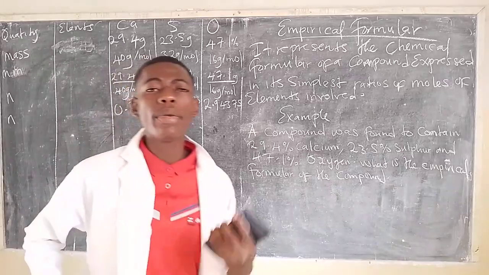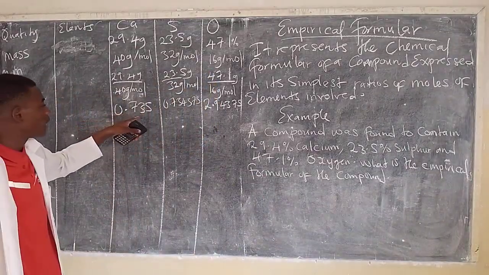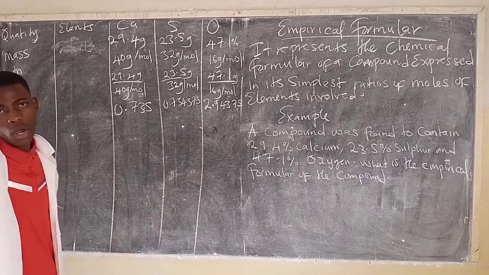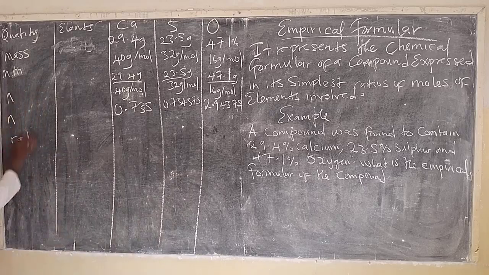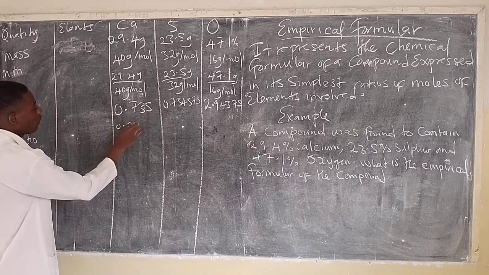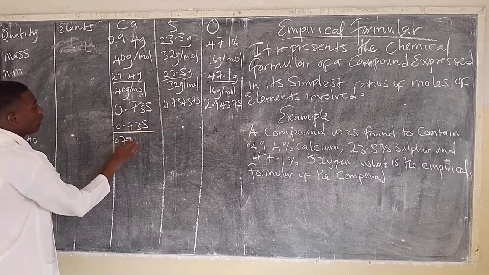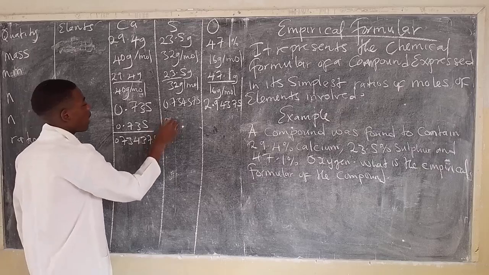Now it needs to be expressed in its simplest form. So we are going to consider the smallest number. According to this, the smallest number is this. We are going to divide throughout. So we divide the first number, 0.735, by this number, and also this number by itself.